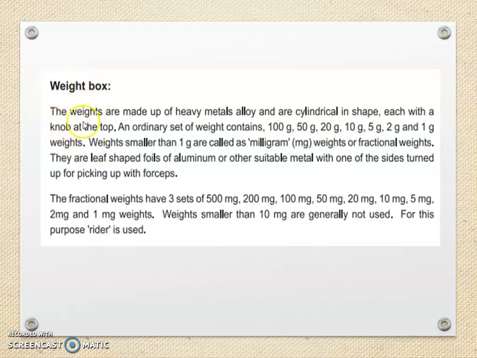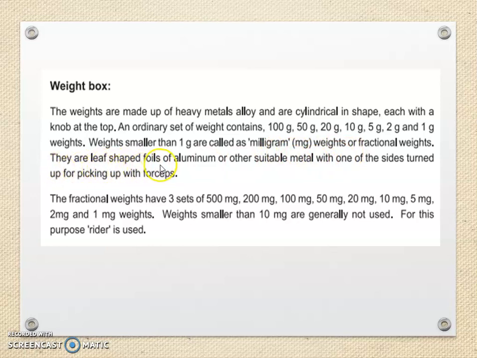Weight box. The weights are made of heavy metal alloy and are cylindrical in shape, each with a knob at the top. An ordinary set of weights contains 100 gram, 50 gram, 20 gram, 10 gram, 5 gram, 2 gram and 1 gram weights. Weights smaller than 1 gram are called milligram, that is mg weights, or fractional weights.